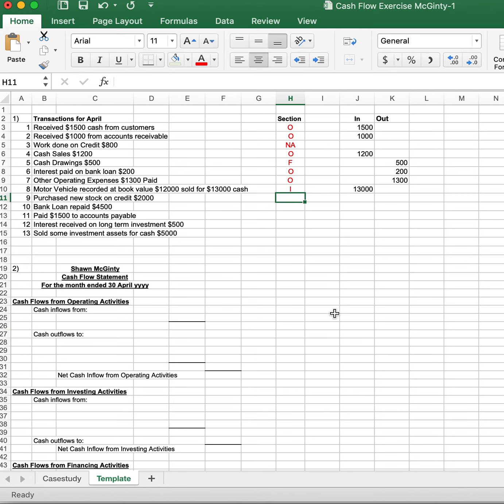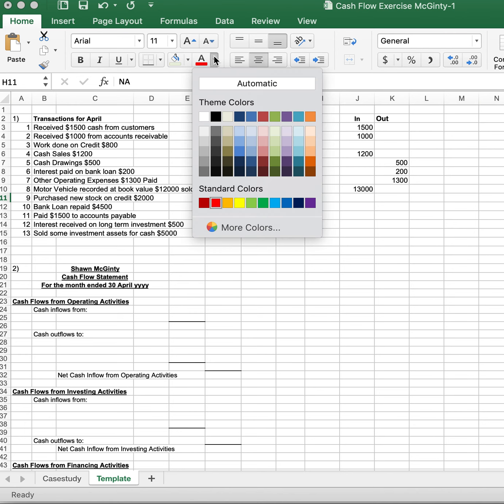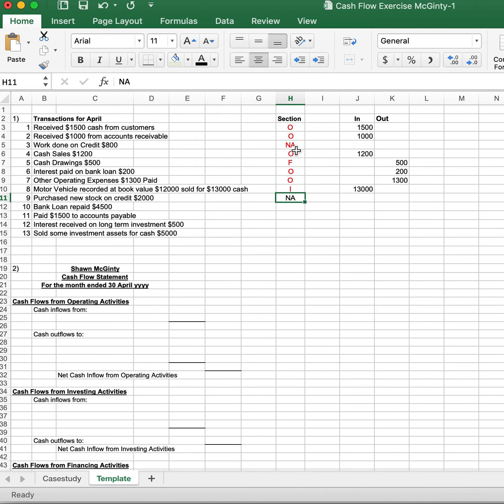Purchased new stock on credit. NA, because no cash. First rule, did cash change hands?